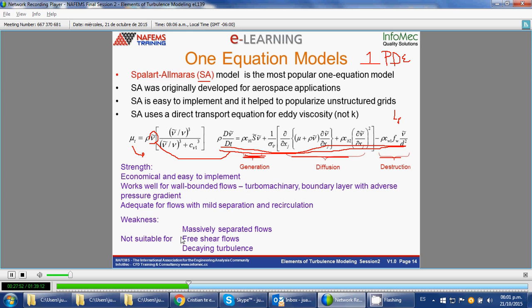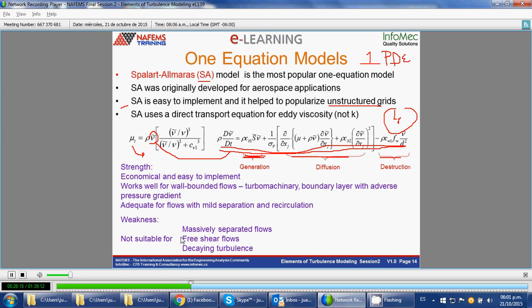Because you didn't have to specify that, it really got popularized when you were using unstructured grid, because having the distance away from the wall was not easy to calculate all the time. So this kind of took off, and it's been pretty powerful for aerospace application.